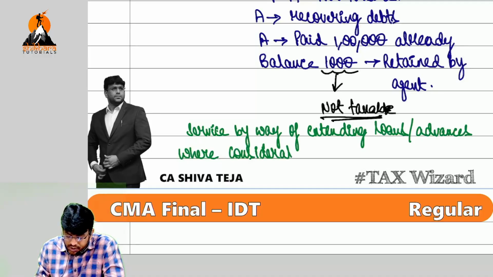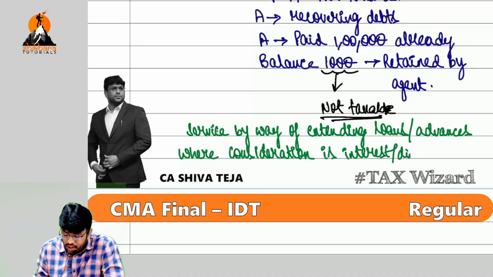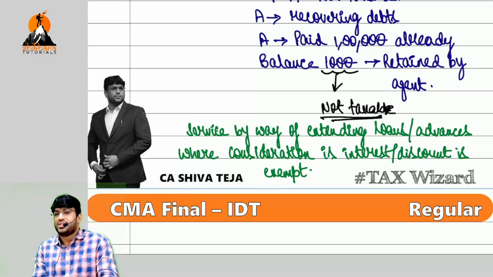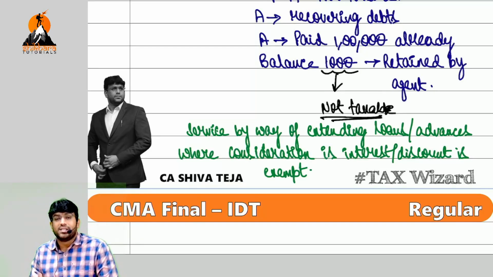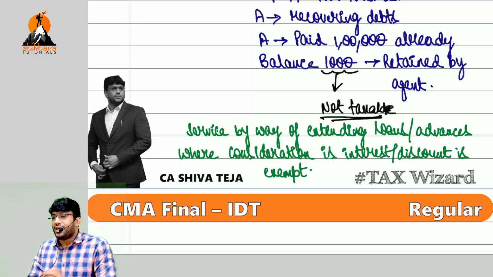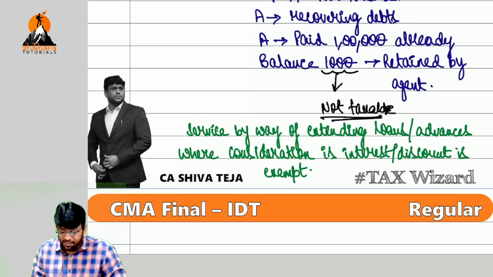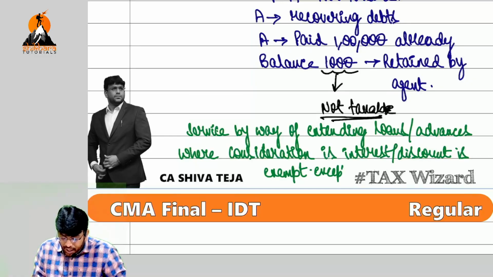Extending loans or advances, where consideration is interest or discount, is exempt. Come on, friends, read that line again. Service by way of extending loans or advances, where consideration is interest or discount, is exempt. Except, I will tell you one point.